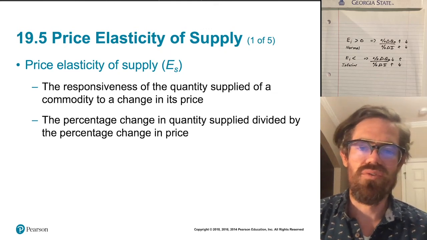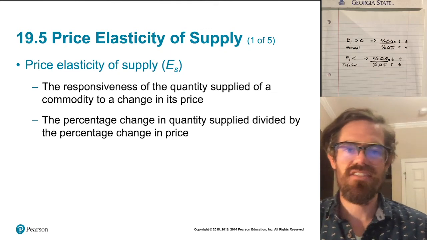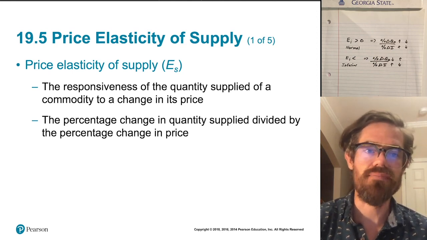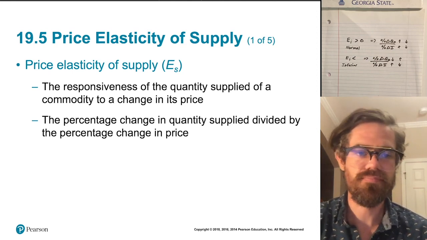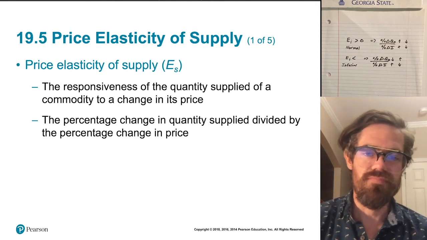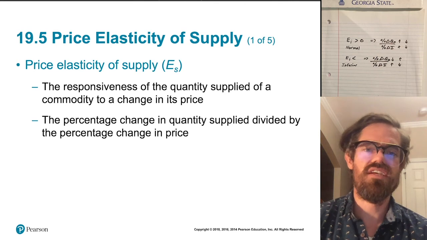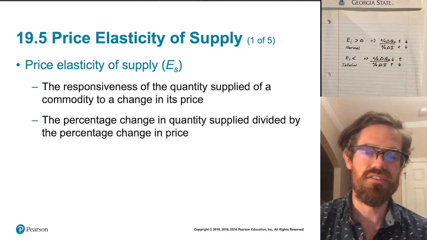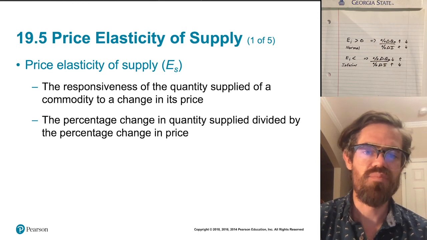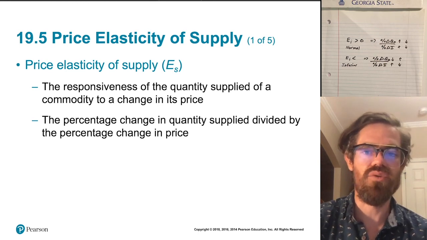All right, we're going to wrap up this chapter with our last elasticity, price elasticity of supply, or E sub S. And much like our other elasticities, this is giving us a measure of responsiveness to a change in price. But rather than quantity demanded, it's now quantity supplied.